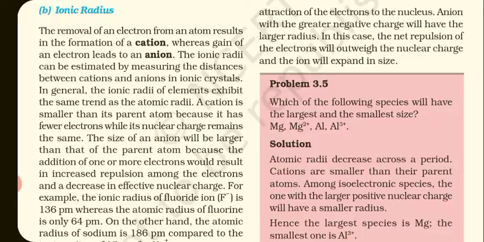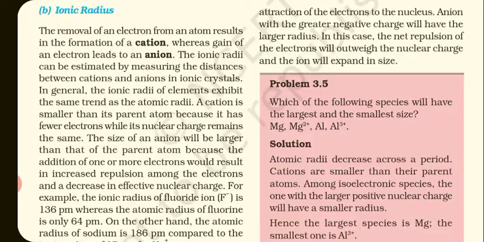The removal of an electron from an atom results in the formation of a cation, meaning a positive ion, because a positive ion is attracted by the cathode, and the cathode is negatively charged, whereas gain of an electron leads to an anion, meaning a negative ion.